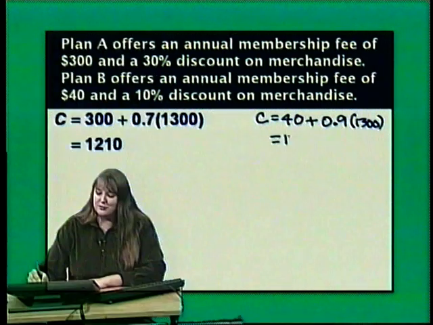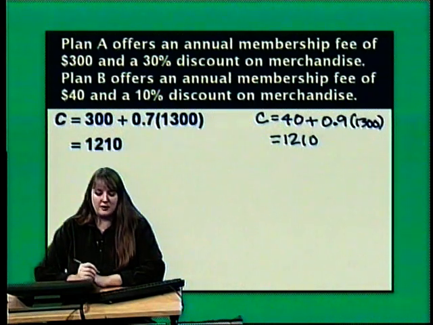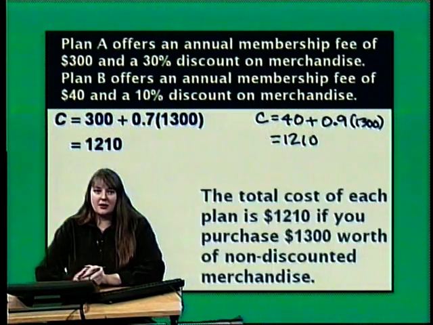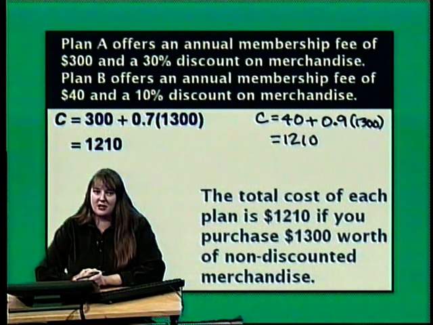This is good. This is what we wanted. The total cost for each plan is the same when we purchase $1,300 worth of non-discounted merchandise. So we can go ahead and write the conclusion. The total cost of each plan is $1,210 if you purchase $1,300 worth of non-discounted merchandise.